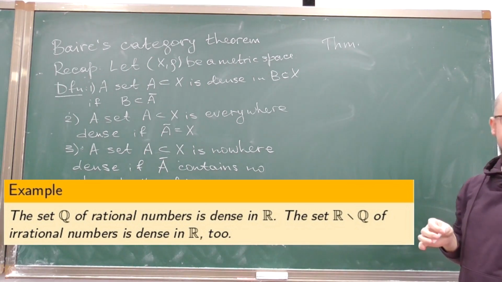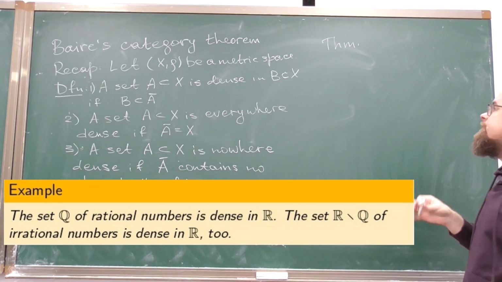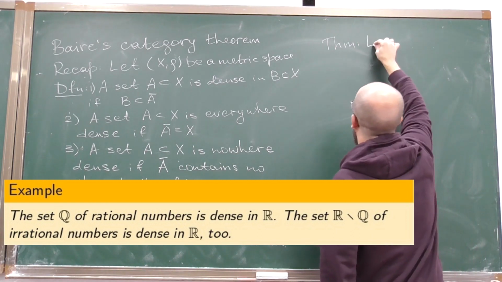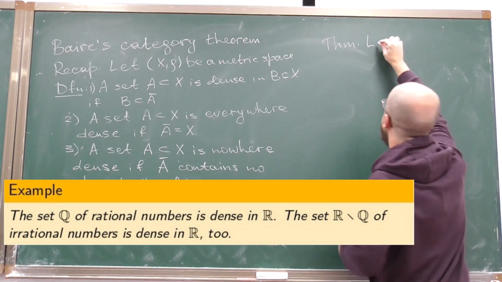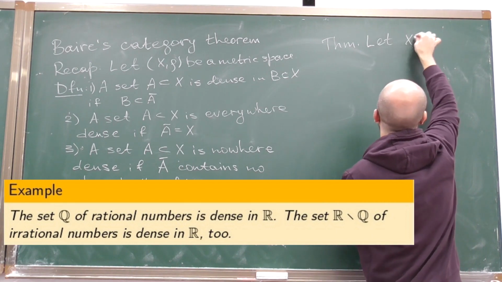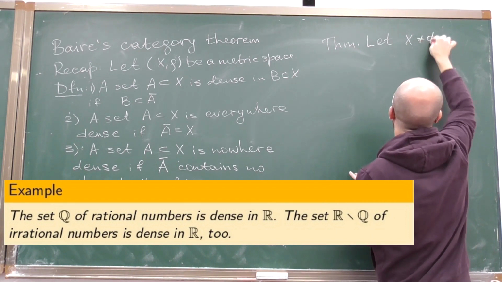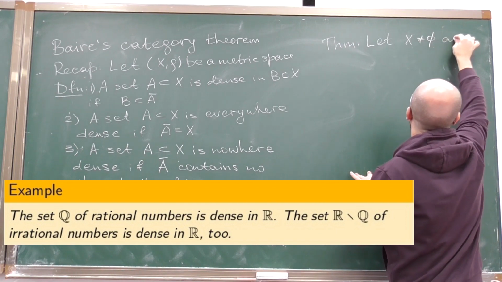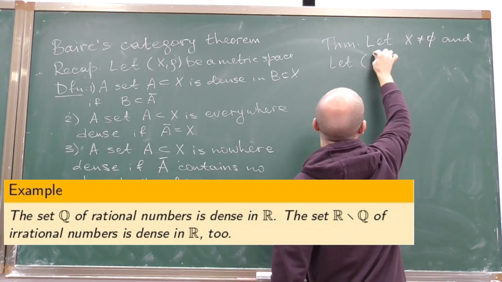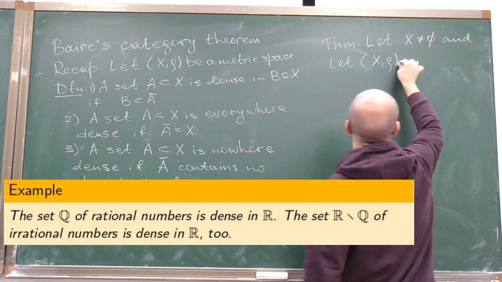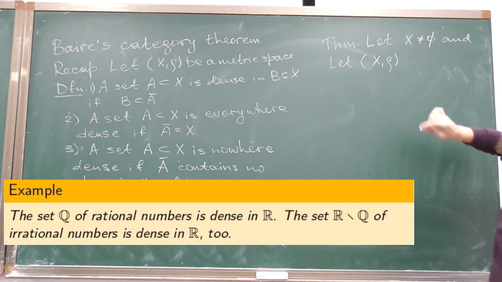So let X be a complete metric space, and we also want the set X to be non-empty. So let X be non-empty and let (X, rho) be a complete metric space.